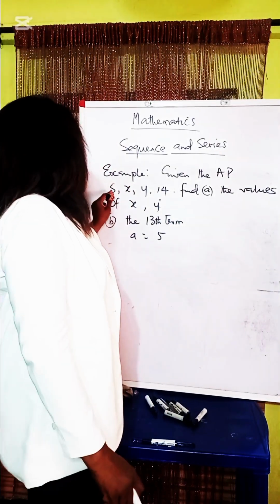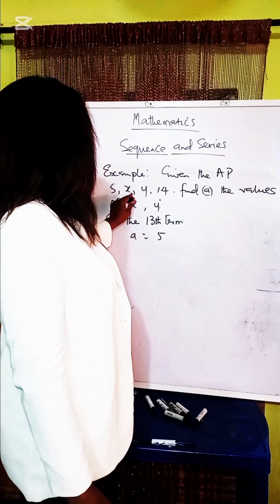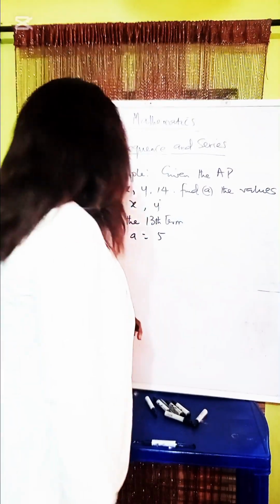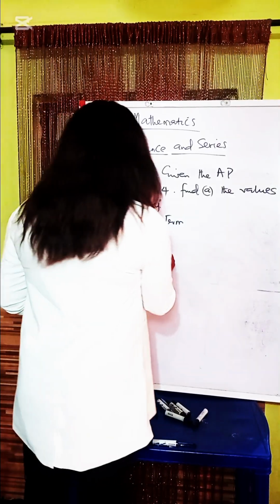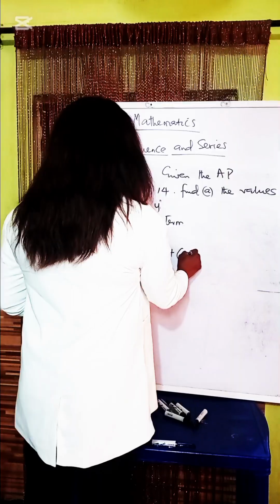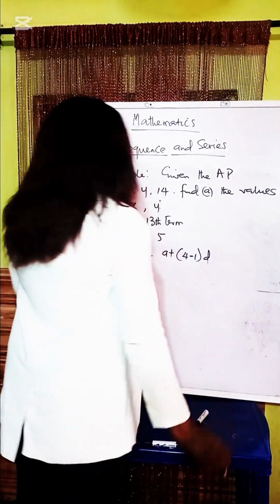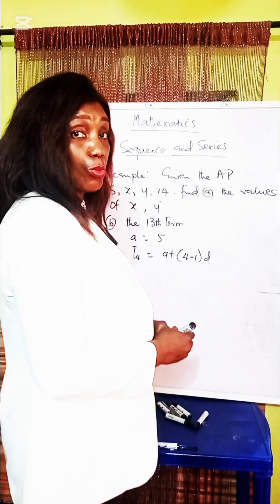So the last term is what? This one is the first term, second term, third term, and the fourth term. So I will now say that T4 is equal to A plus brackets 4 minus 1, close bracket D. We will first of all find the common difference.